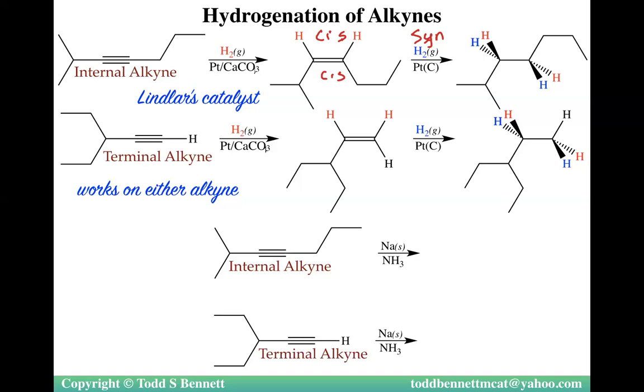And so when we treat an internal alkyne, we will end up getting trans addition. It's kind of weird that an H minus comes in, the negative here can pick up an H from NH3, turn it into NH2 minus, and so you end up with this anti or trans hydrogens.